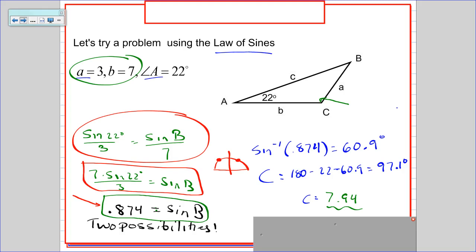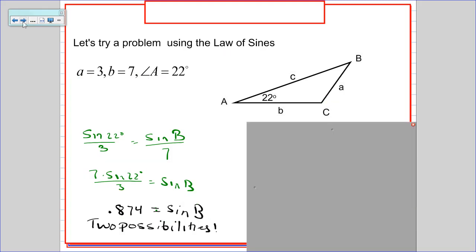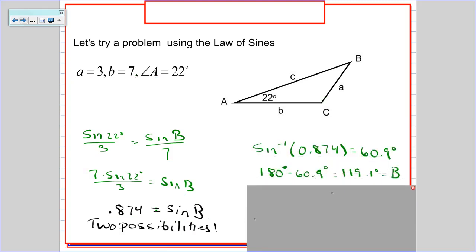But it's also possible that that's a 119.1 degree angle. Now B doesn't look like a 119.1 degree angle, so maybe our triangle's drawn incorrectly.